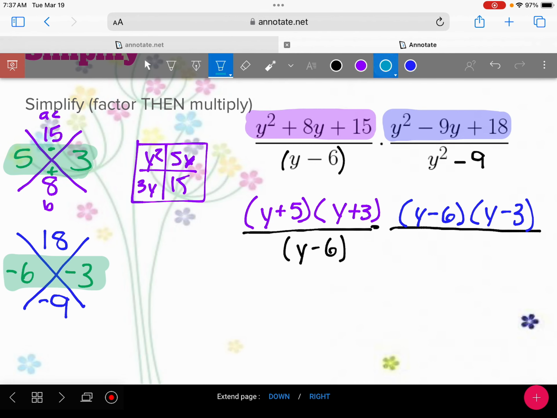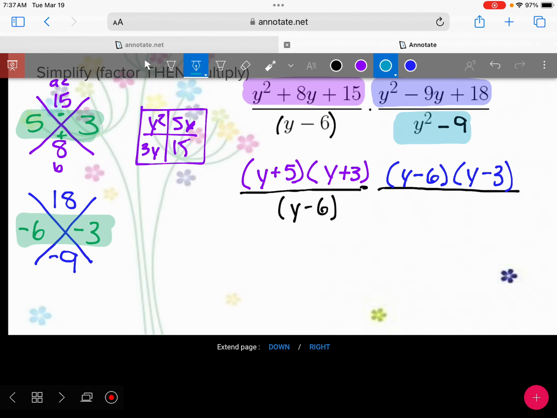One last piece for us to look at here. That's this guy down here. It's a special pattern, so you don't even need to use the x-frame if you don't want to, but you absolutely can. Multiplies to be negative 9, adds to be 0. What pair of numbers multiplies to be negative 9 and adds to be 0? 3 and negative 3.